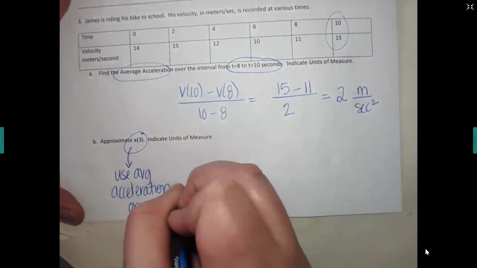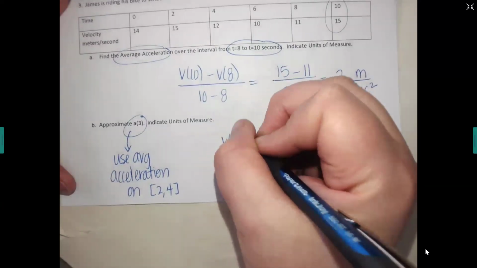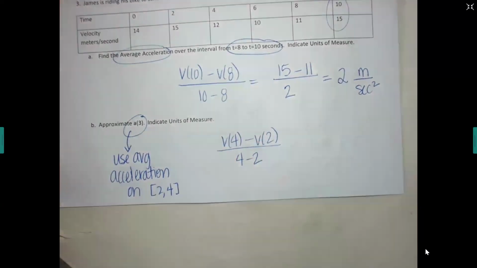And you really want to try to pick the shortest interval around that number. So you would not want to go like 0 to 6. Even though 3 is in the middle of that, you would want to pick the smallest that you can kind of squeeze it in. So it'd be the velocity at 4 minus the velocity at 2 over 4 minus 2.